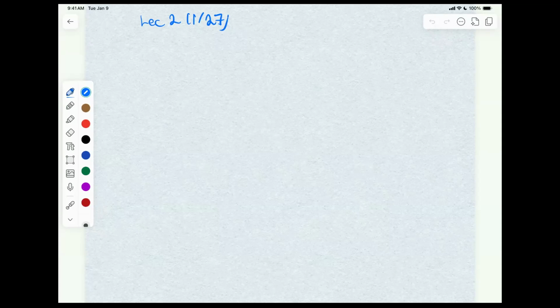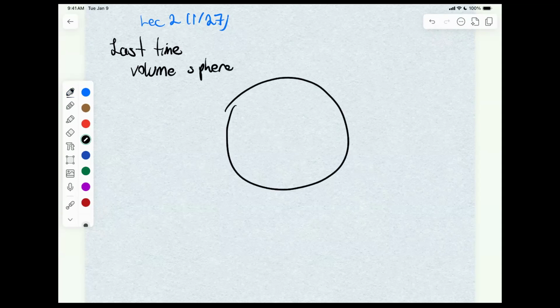So just to remind you quickly about what I was saying last time, we were looking at the volume of the sphere. If you want to find the volume of the sphere, there are different ways to break it up.